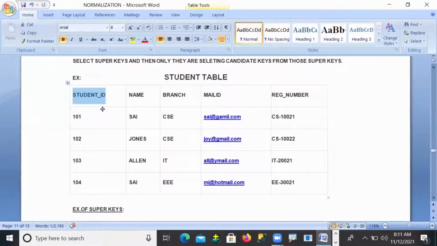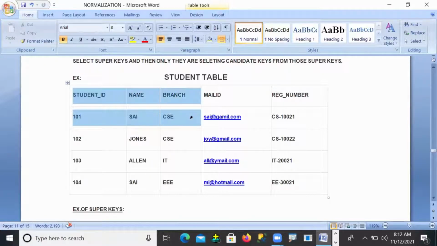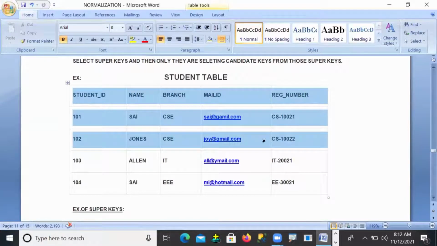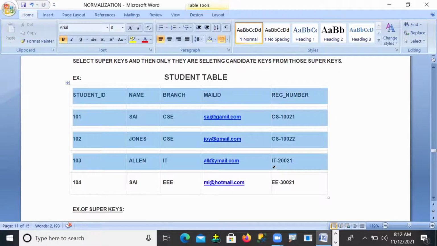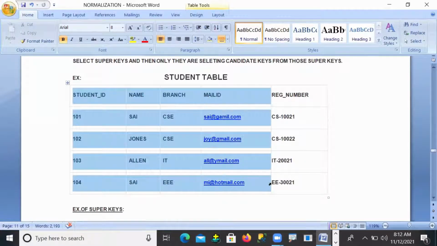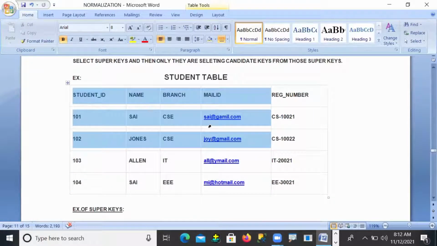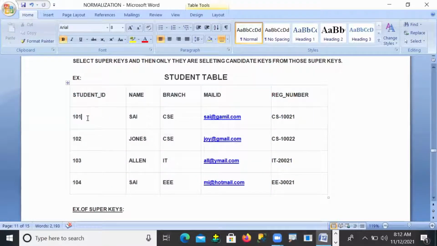As per the definition, your student ID column values, 101, first row, uniquely identified. 102, second row, uniquely identified. 103, third row, uniquely identified. 104, fourth row, uniquely identified. So each row is uniquely identified with unique numbers. Unique means different numbers, no duplicates. So yes, student ID is one of the super key columns.